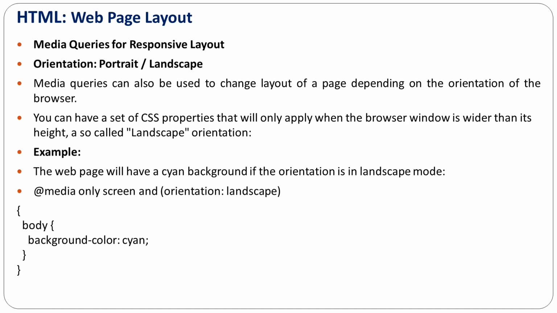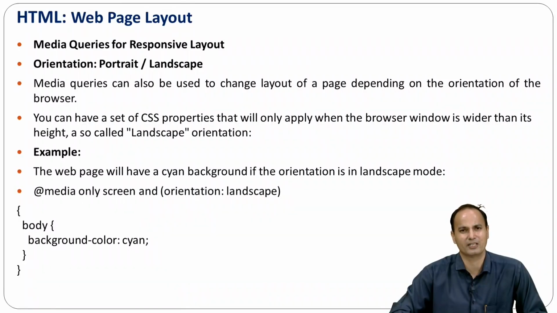Earlier we used a media query for the screen resolution of 600 pixels; in the same way you can use it for orientation. So @media only screen and orientation landscape, and whatever values you have provided will be applicable when the orientation turns to landscape.